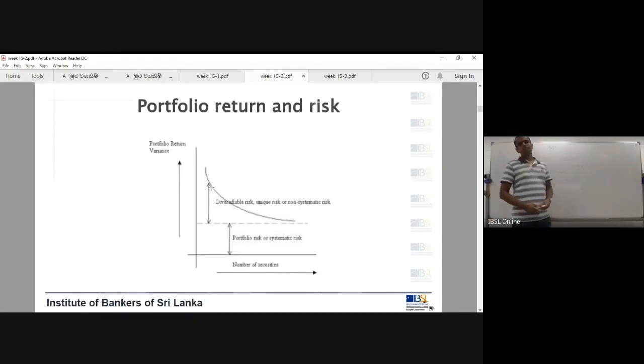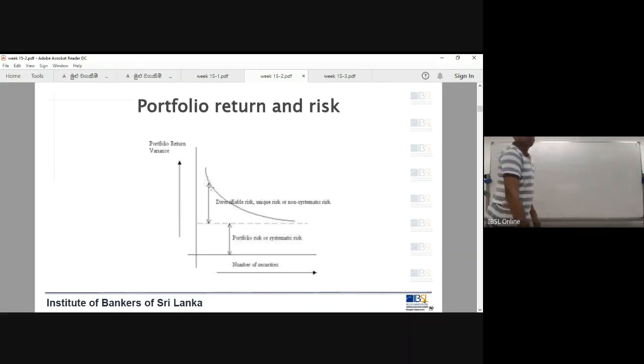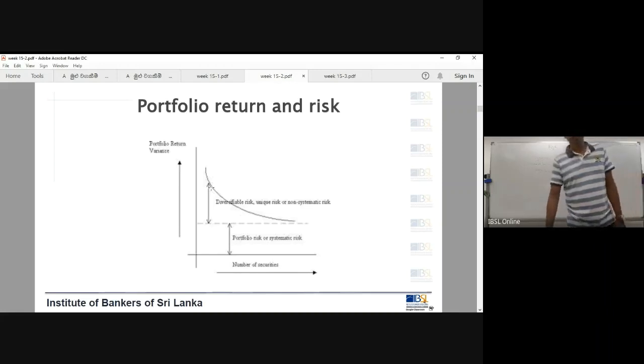Now this risk and return profile, if you plot your returns against the number of securities, right? It's not the return, actually, it's the risk. You are plotting the portfolio variance or the risk, in other words.